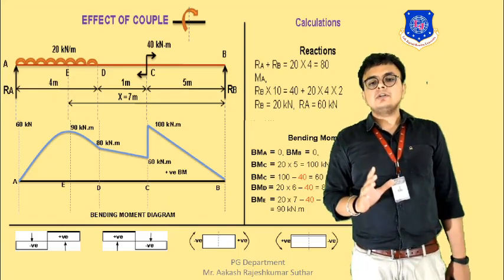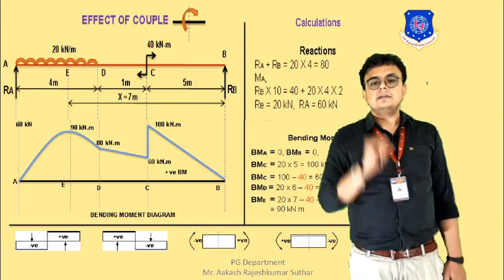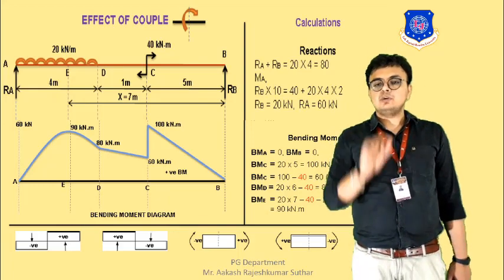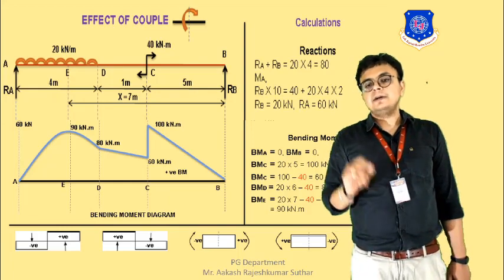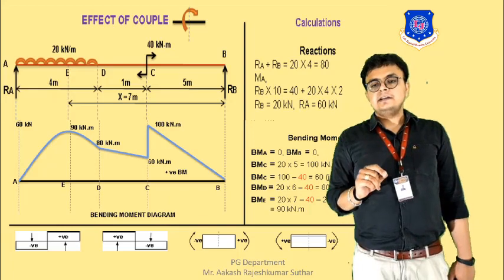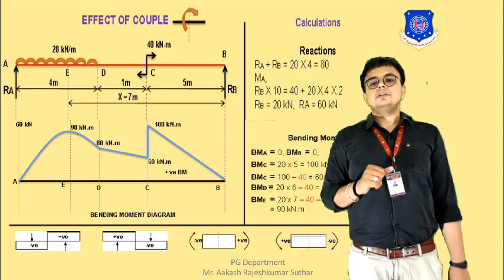Now moving towards the point D. Here the bending moment will be equal to 20 into 6 minus 40, that is the couple, and ultimately it will be equal to plus 80 kN-m.